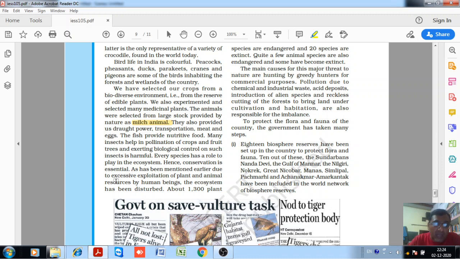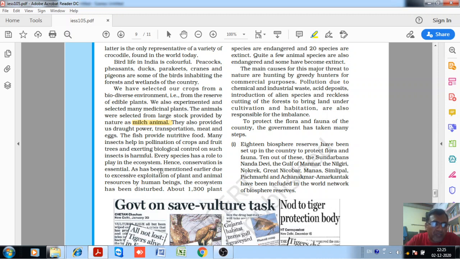Earlier we had a great number of lions and tigers, but during the period of colonial time, the people and government employees or the emperors or the kings started hunting them.